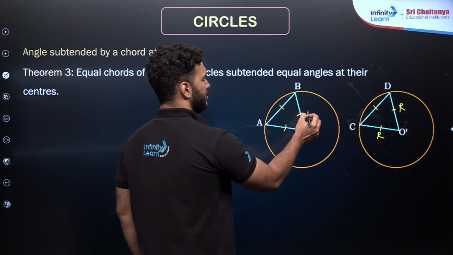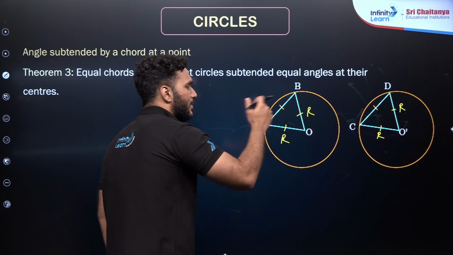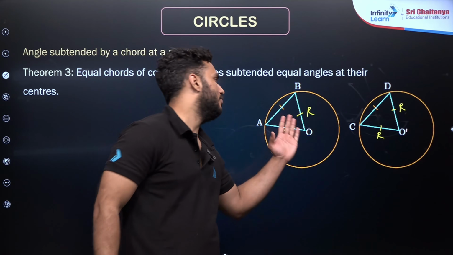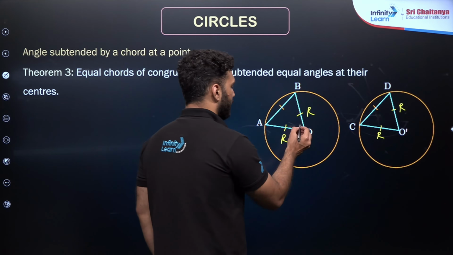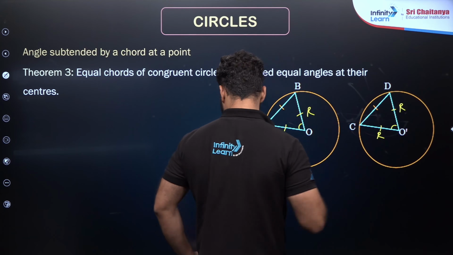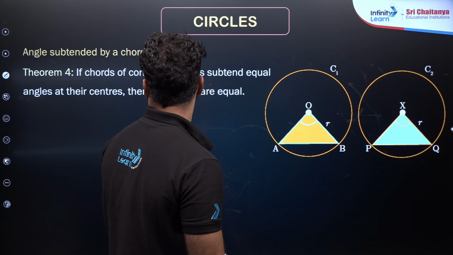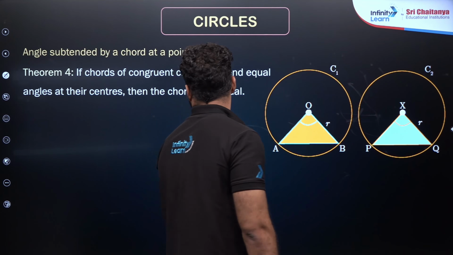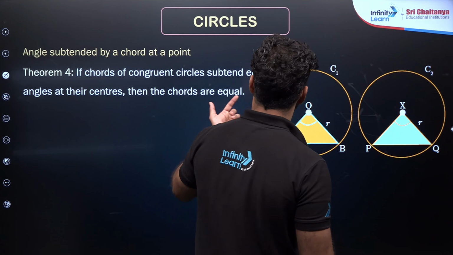This is R, this is R, but sir, they are congruent circles, so R and R are equal. Then by using SSS, we can prove that these two triangles are congruent, and then this angle and this angle must be equal. That's it. Now next: if chords of congruent circles subtend equal angles at their centers, then the chords are equal.